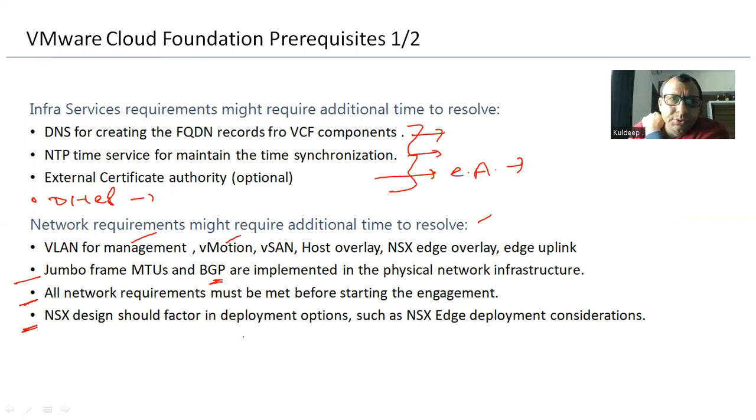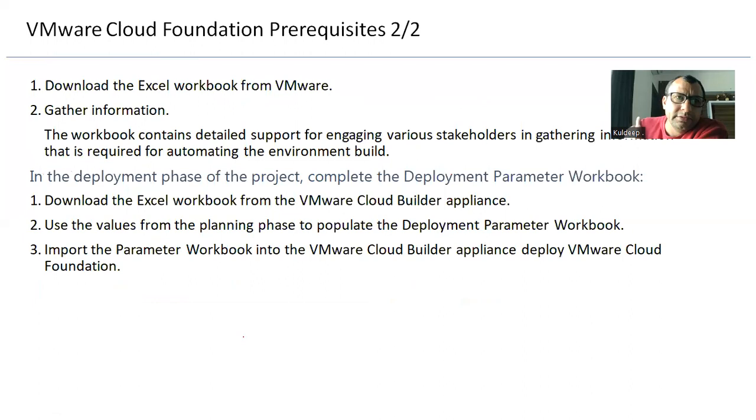Okay, so Cloud Builder is one of the primary components that we have. Cloud Builder is primarily an appliance that we have to download from the VMware site, and later we have to fill in all the parameters as per what we have configured in the deployment planning workbook.